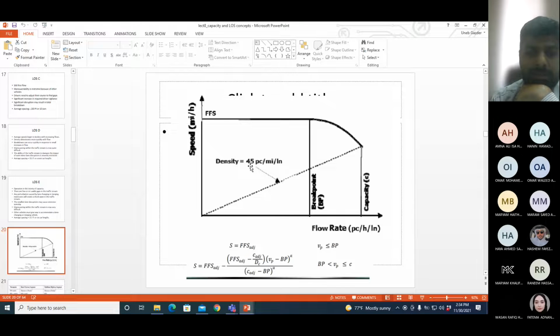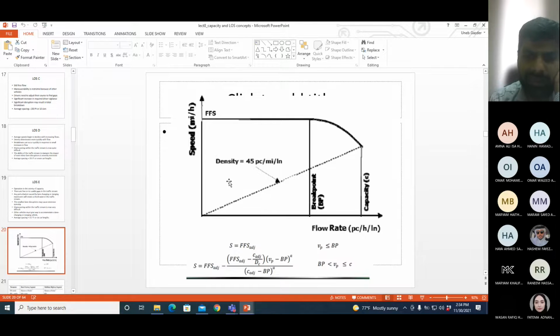As I said, it is fixed, so you can replace DC with 45, no problem. VP is the flow rate on the road, BP is the breakpoint, and A is a constant. I will come to it in the next slide. For this part of the curve, VP is more than the breakpoint and goes up to capacity.